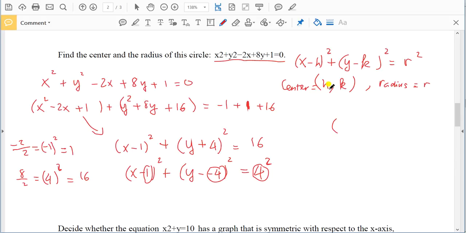So the center is (1, minus 4), and the radius r is just 4. So by completing the square, you are transforming the original equation into the standard form, and from here we can identify h, k, and then the radius r.